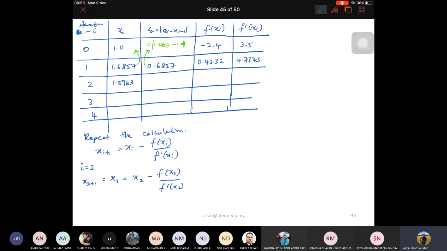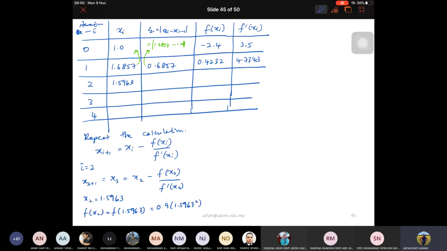Okay. So your x2 is 1.5963. So masukkan f x2 sama dengan f bagi 1.5963. So awak akan dapat this one akan sama dengan tadi equation awak 0.9 darab 1.5963 kuasa 2 and then tambah 1.7 darab 1.5963 tolak 5.